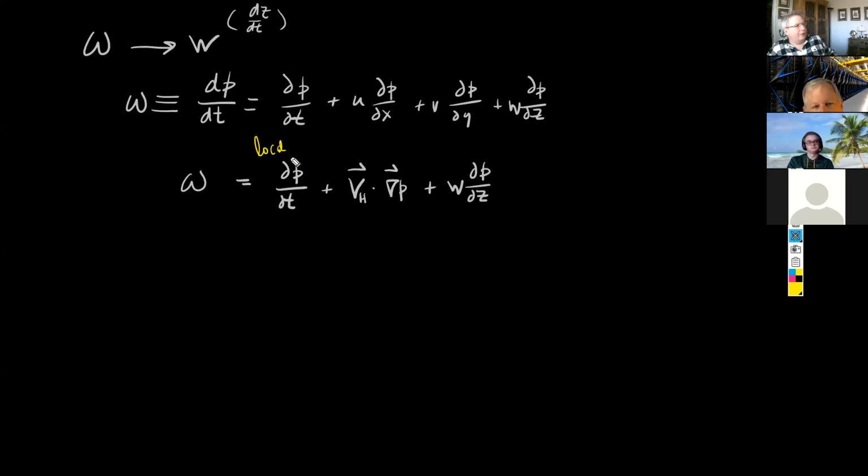Local. And a local is a material point. It's a station. So what do you call the local change in pressure as time goes on? There's a name for that.